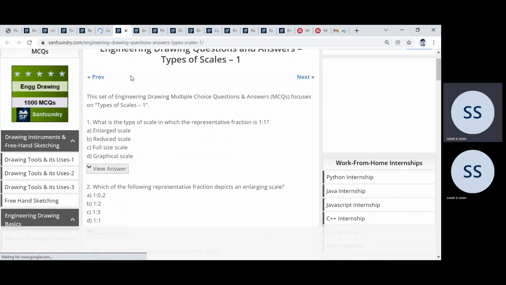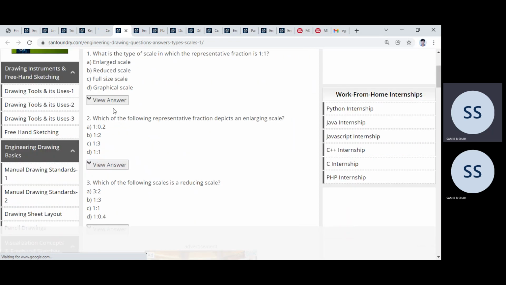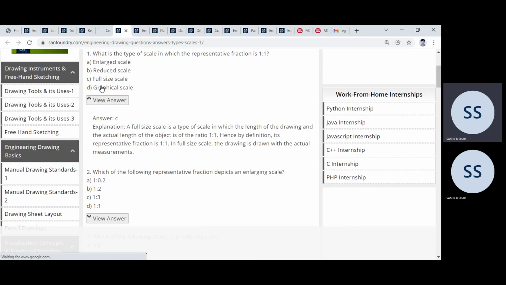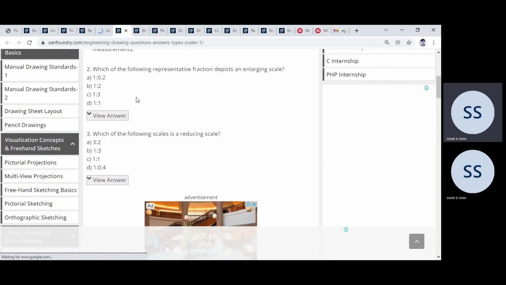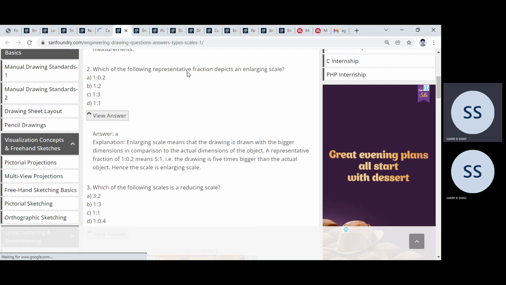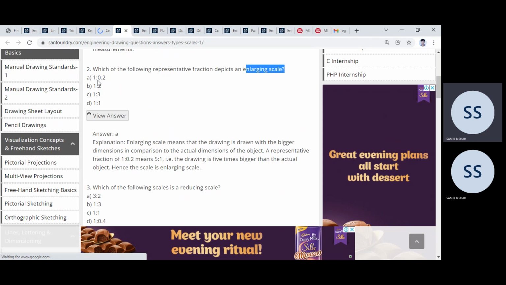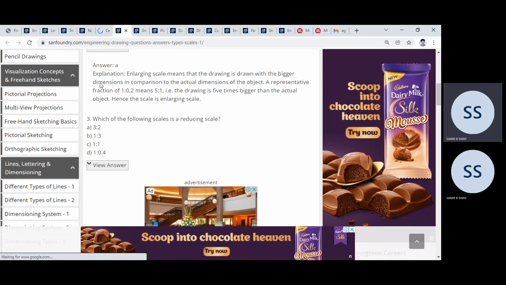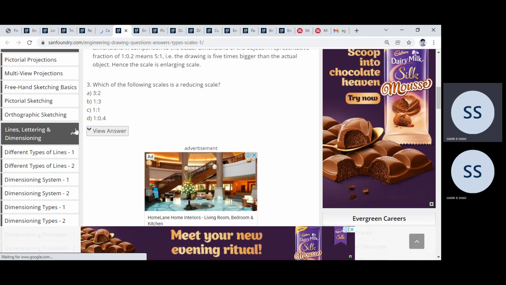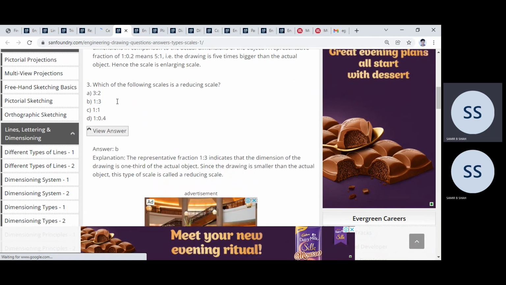Now what is the type of scale in which the RF factor is 1/1? See, this is the question. Many times it may be asked. It is considered as a full size scale, right? Which type of RF depicts an enlarging scale? At that time it's easy. And reducing scale, if asked, then it may be 1/3.